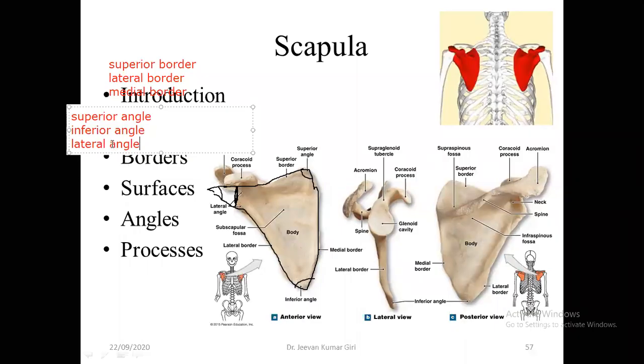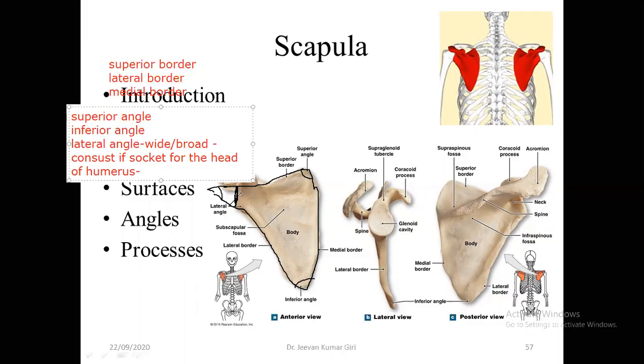Whereas the lateral angle is comparatively not acute; it is wide or broad, and it bears the socket for the head of the humerus.